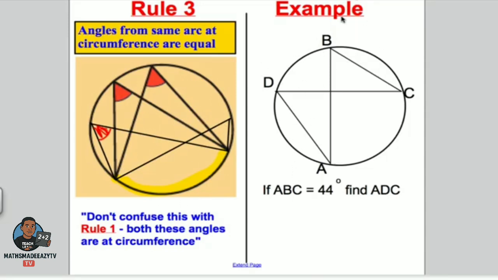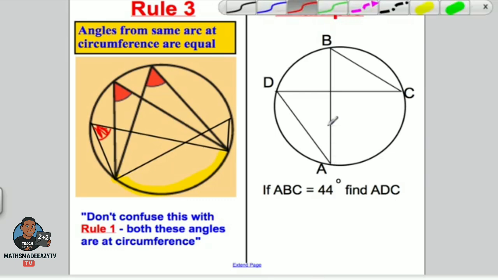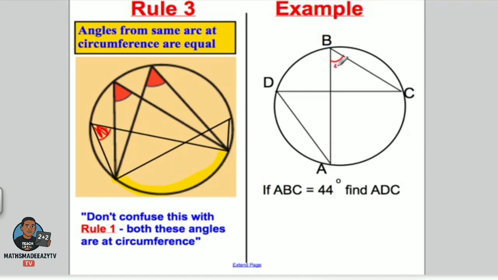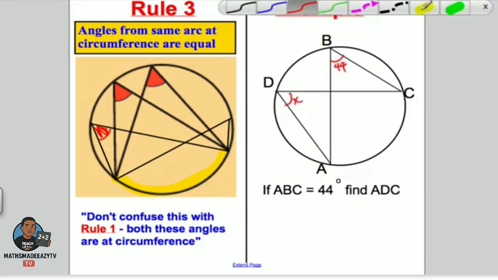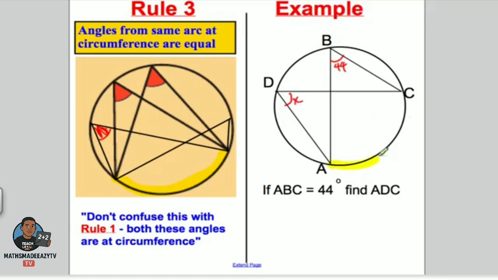Now let's go to the example on the right side. If angle ABC is 44 degrees, we are asked to find angle ADC. If you recollect, angles in the same segment are equal, most especially when they come from the same arc, which I'm painting yellow here.